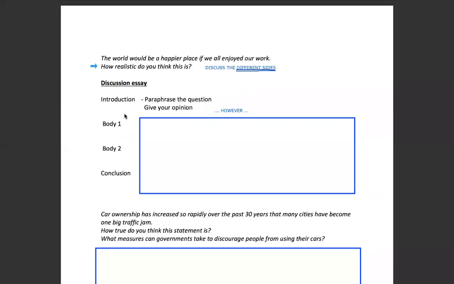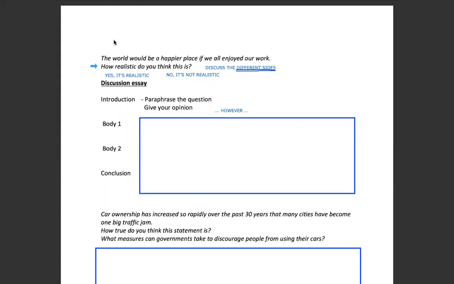So how do we need to divide our body paragraphs up? So what goes into body 1? So the two different sides here are, yes, it's realistic. And the other side is, and these are the two things that you need to discuss. What's realistic about it and what's not realistic about it.